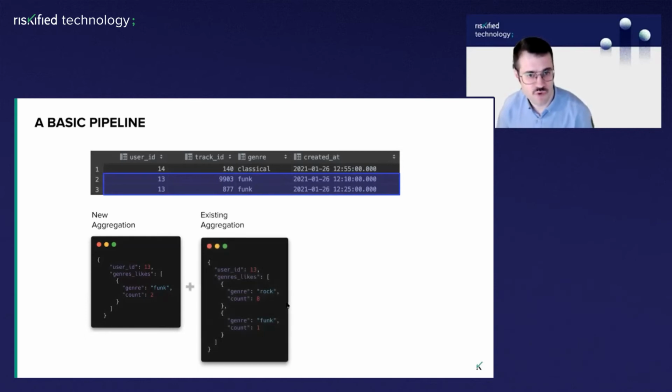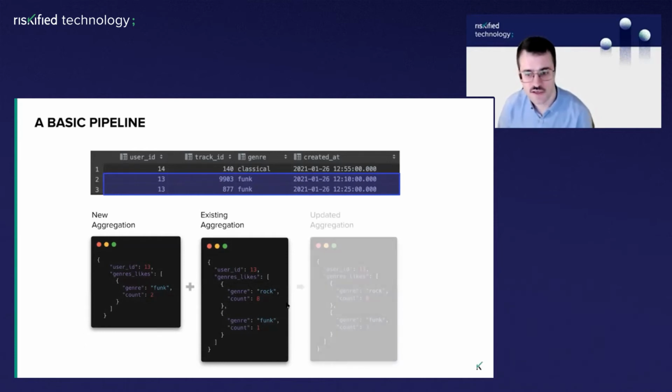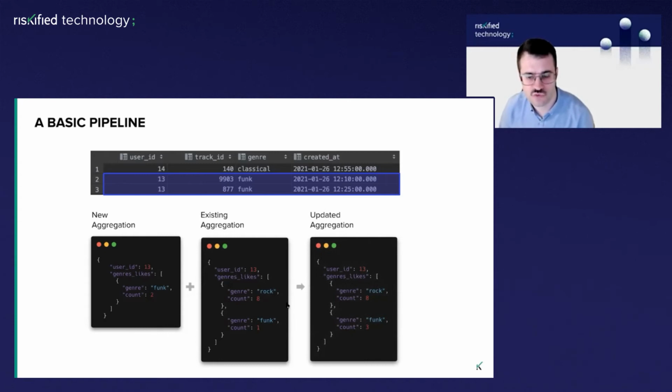Then we bring in the aggregation that might already exist for that user, their all-time previous aggregation, and merge those two aggregations into a new updated aggregation, which represents the new all-time aggregation for that user.